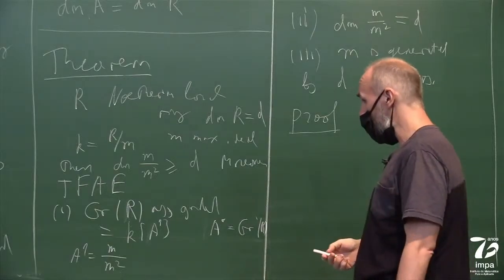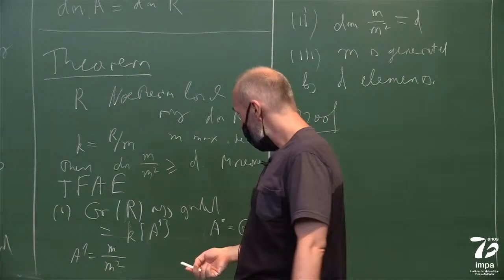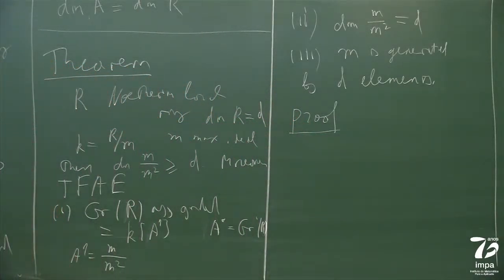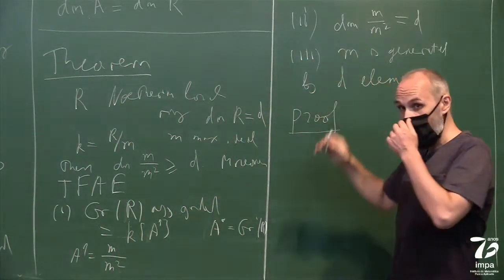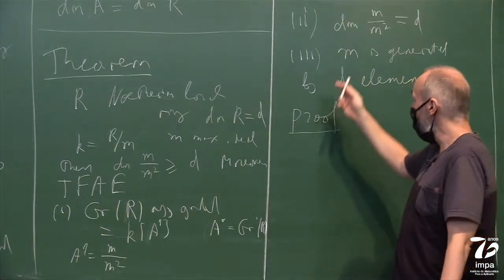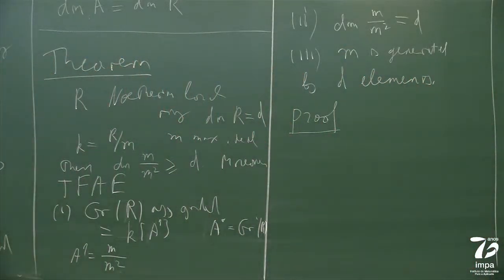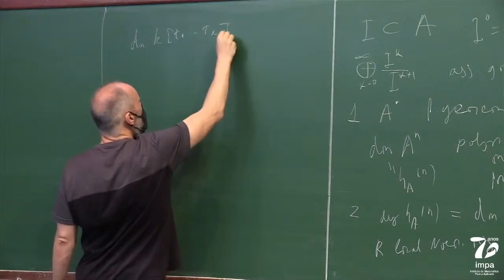is clear because look, this graded ring, which is polynomial, has dimension n, because polynomial rings k[T1, ..., Tk] have dimension k.